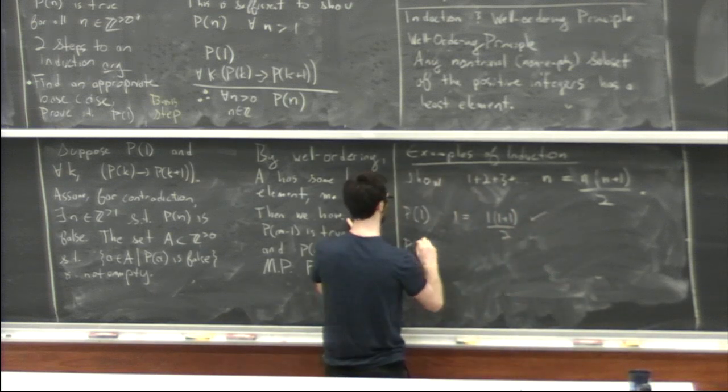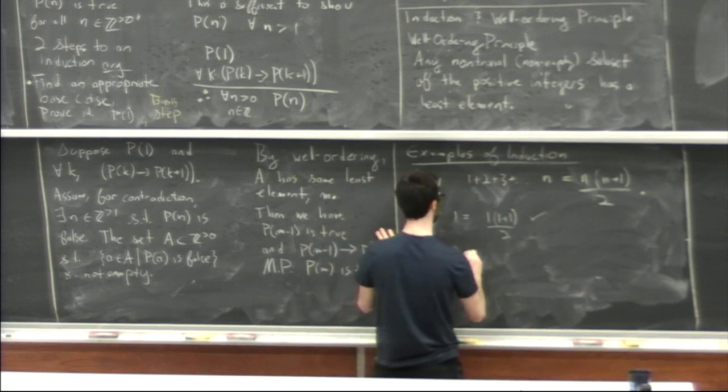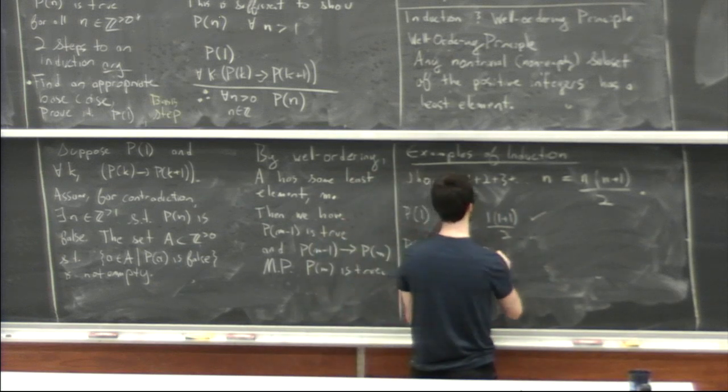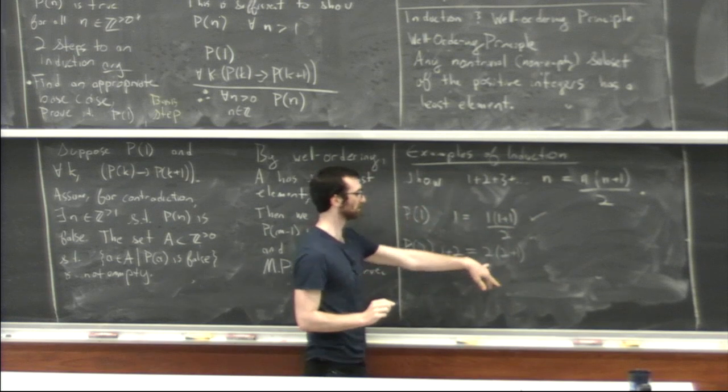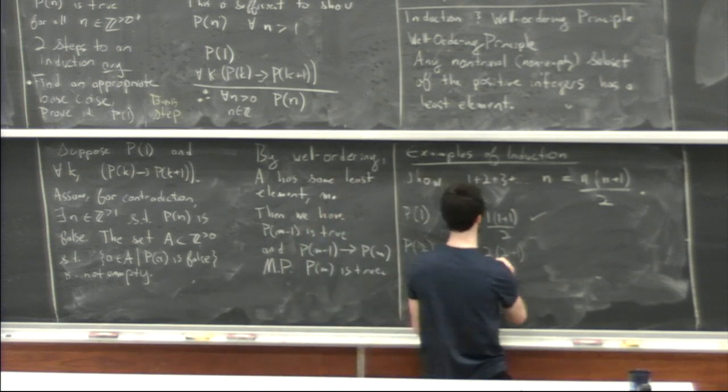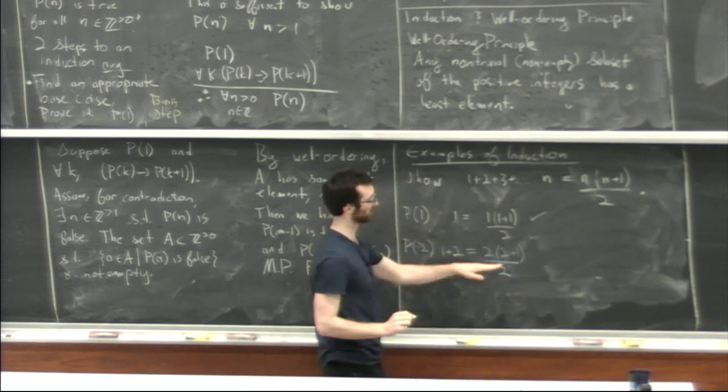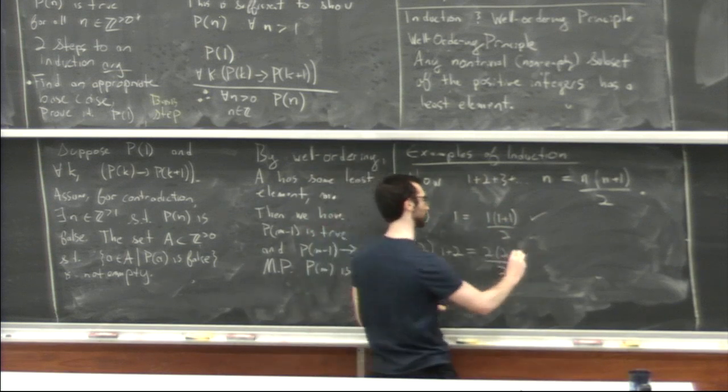The second proposition is that 1 plus 2 is equal to 2 times 2 plus 1 over 2. Well, this side is 3, and this side is also 3, so this one is also true.